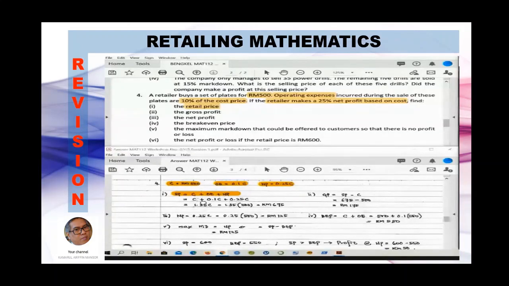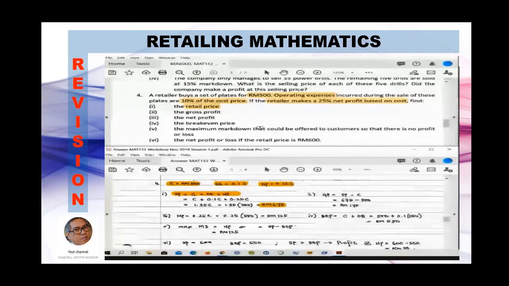So 1 tambah 0.1 tambah 0.25. So kita dapat 1.35 C. So gantikan C itu dengan 500 seperti yang diberi. So kita akan dapat nilai selling price dia bersamaan juga dengan 675. Okay. And then that is the first one.